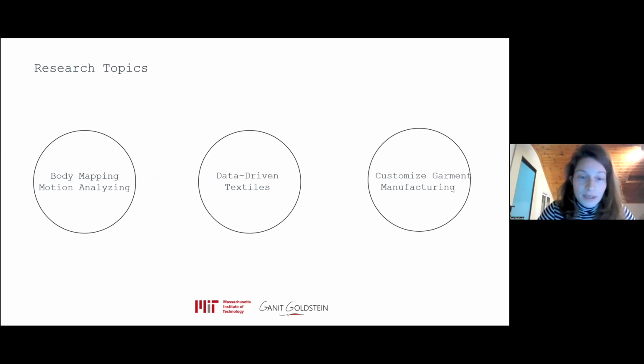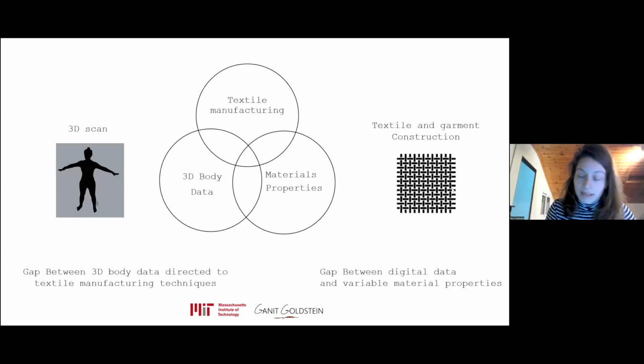data-driven textiles to produce customized garment manufacturing and connect it to manufacturing. So it's not just to produce the textiles, but thinking about the entire process of producing fabrics that have the ability to embed the scanning.